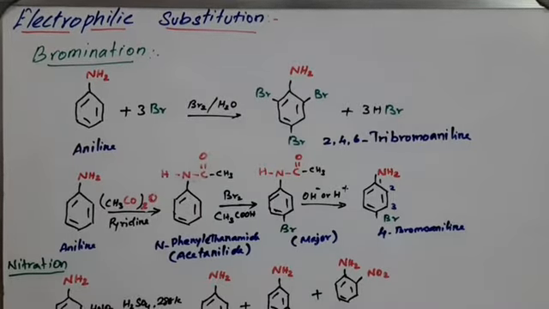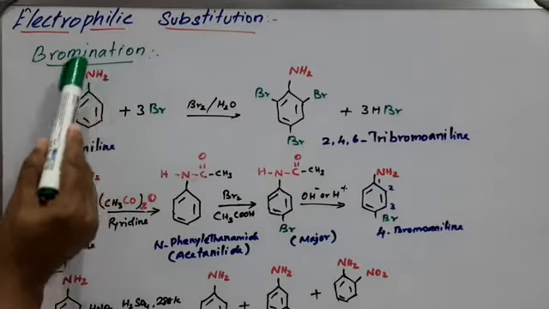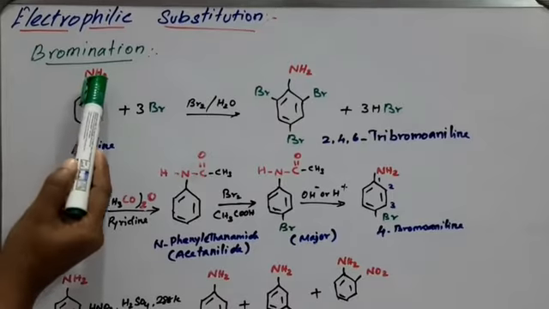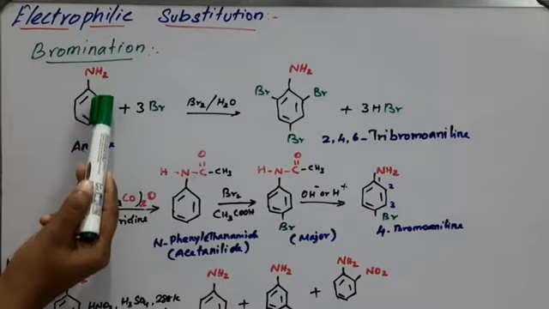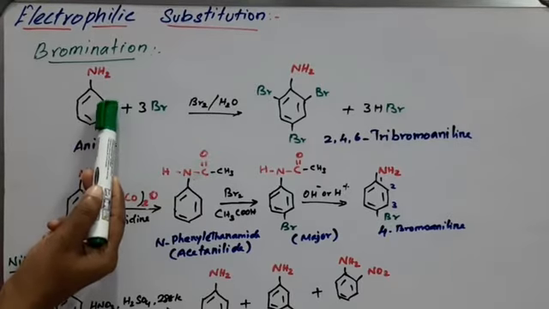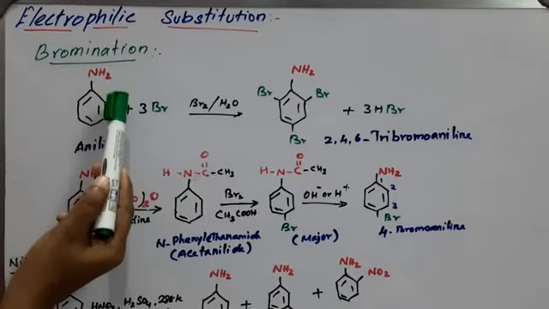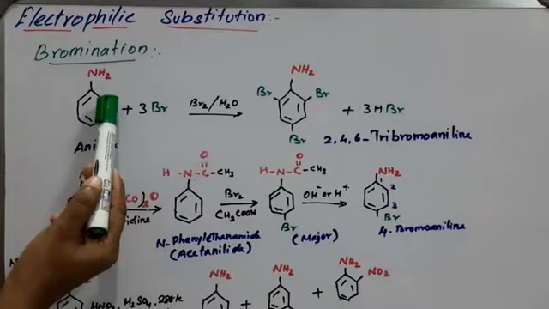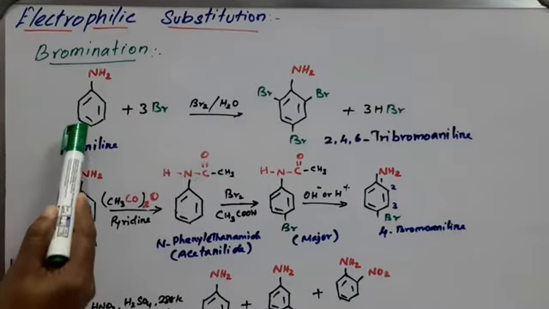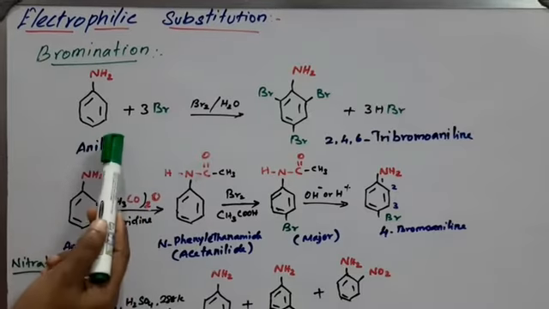Earlier we studied that amine is an ortho-para directing group, and the presence of NH2 in the benzene ring makes it a highly powerful activating group. So it directs the incoming group into the ortho as well as the para position. We studied this in the previous concepts.